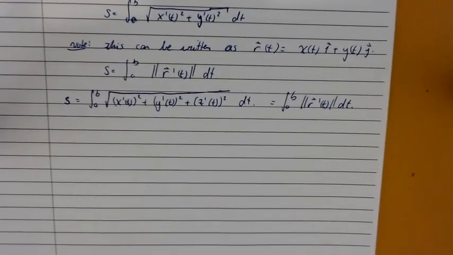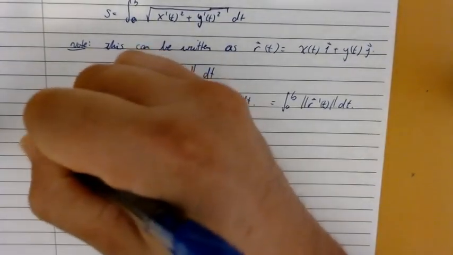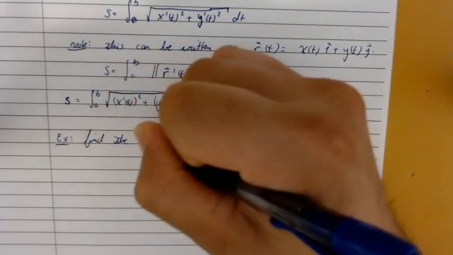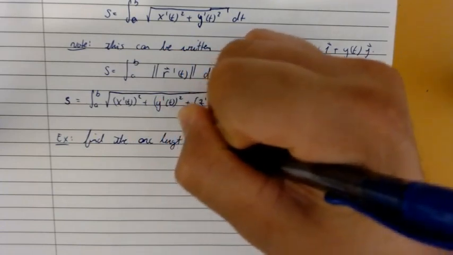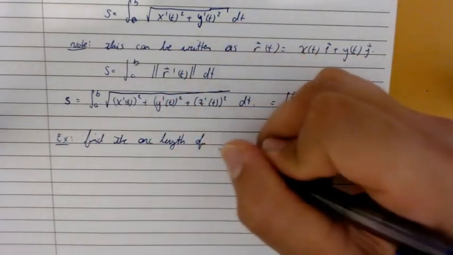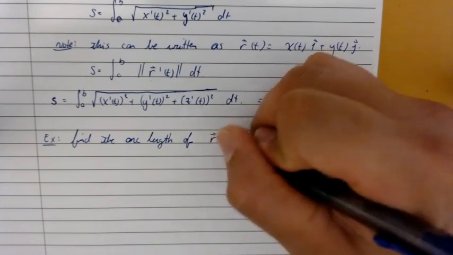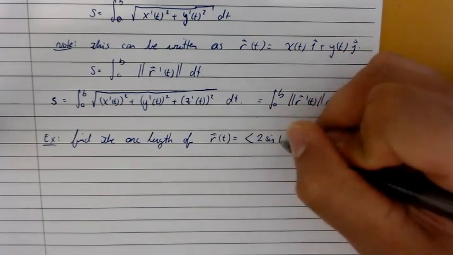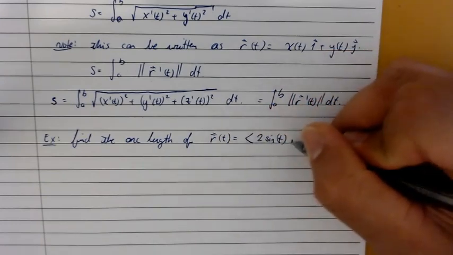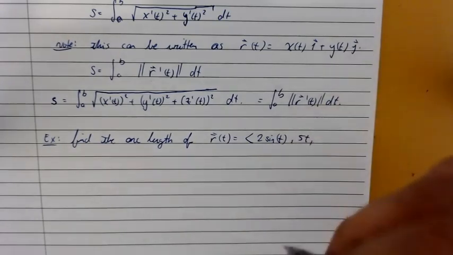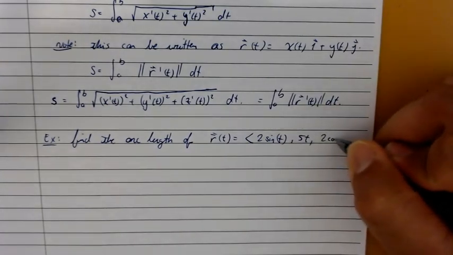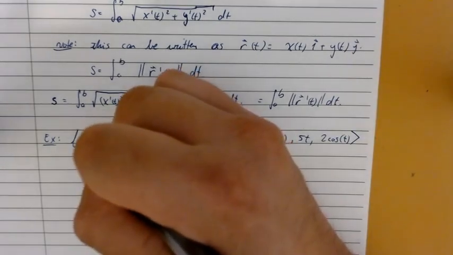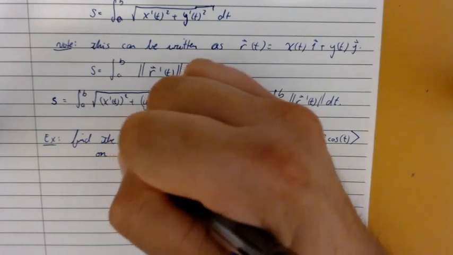So for example, let's find the arc length of r of t equals 2 sine of t, comma, 5t, comma, 2 cosine of t on the interval from 0 to pi.